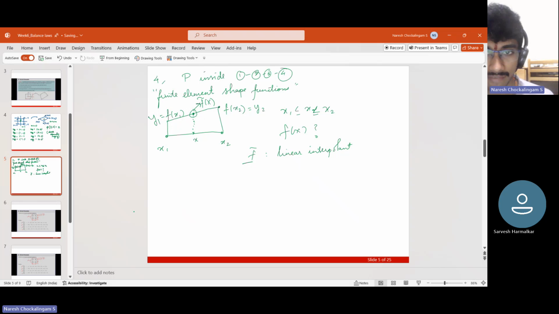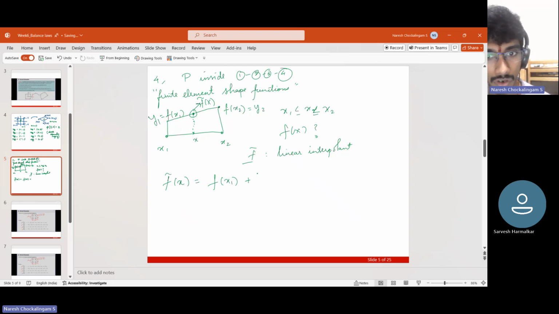Right? What is f tilde of x? We use the Lagrange interpolation functions. So in this case, to linearly interpolate, what do we do? We pass a straight line. So you can write this as f tilde of x is equal to f of x1 plus the slope times the difference, right?